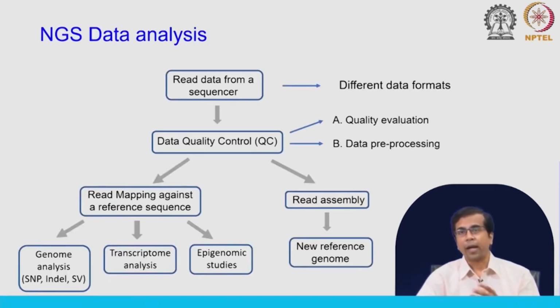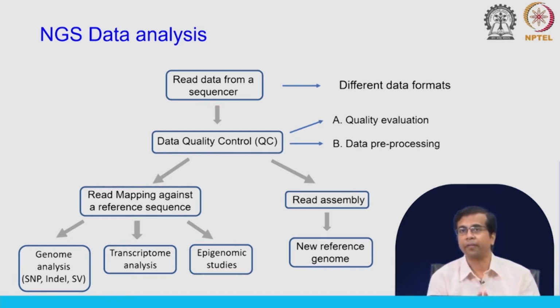Going back to the flow chart of NGS data analysis, once we have quality control done, you can do pre-processing if it is required, and then you move into the mapping or assembly depending on the problem that you are working on. If your goal is to do single nucleotide polymorphism analysis or transcriptome analysis, you will go into the read mapping side.